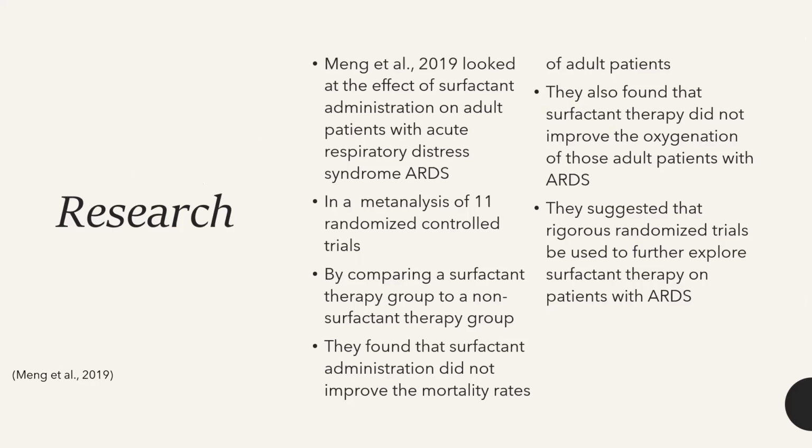It was not different. So again, of course, further testing of randomized trials should explore surfactant therapy on patients with ARDS, but based on this meta-analysis of 11 randomly controlled trials, there was not a significant effect on mortality from surfactant therapy for acute respiratory distress syndrome compared to those who did not have it.